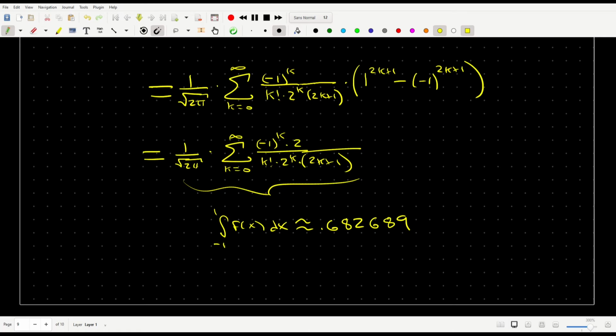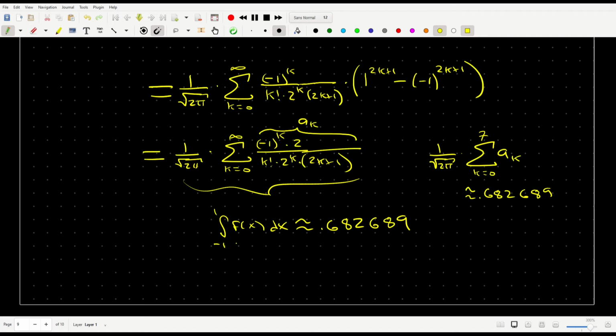So from when k is 0, if this is your a_k right here, you consider the value of 1 over the square root of 2 pi times the sum from k equals 0 to 7 of this a_k. This value is approximately equal to 0.682689, which is 6 decimal places of accuracy.